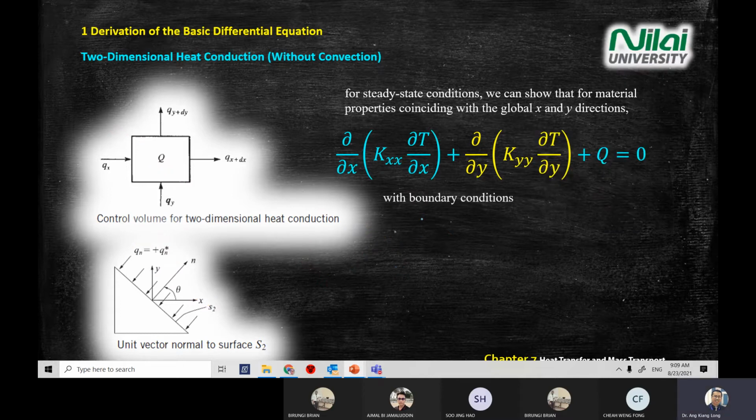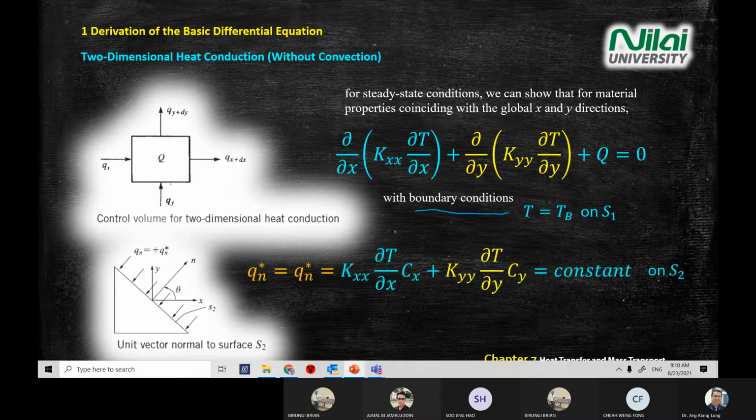All right. Then after that, we apply the boundary condition to the equation above. What is the boundary condition we have? Temperature at the base TB on S1. Surface 1, you can name it, let me see, in the diagram I didn't show you the S1.